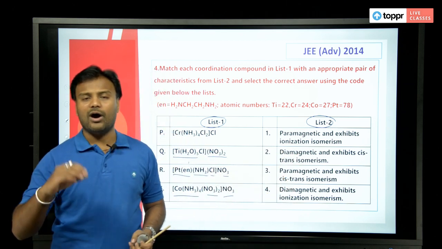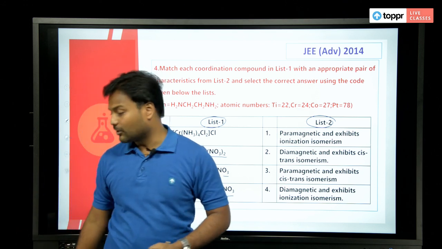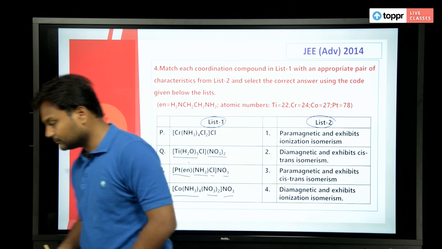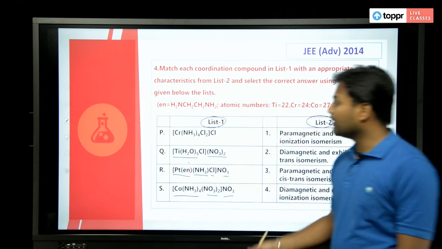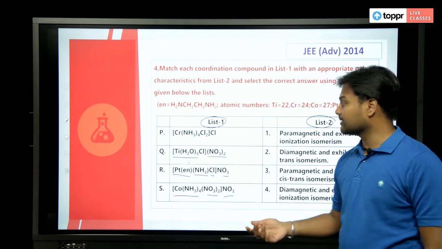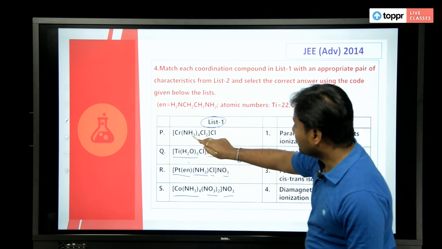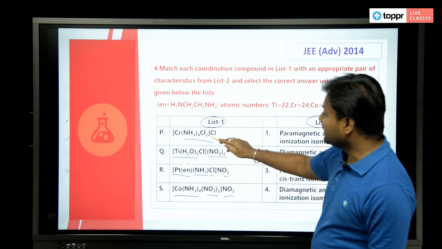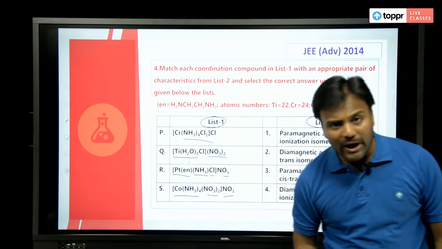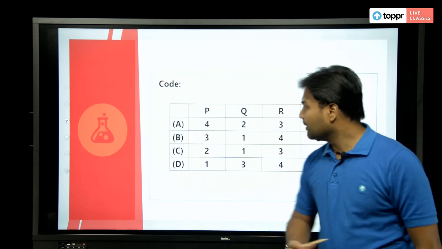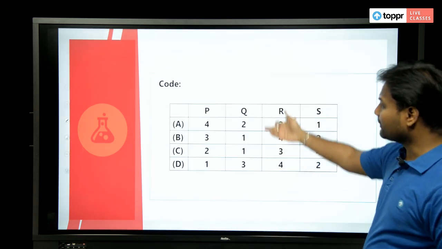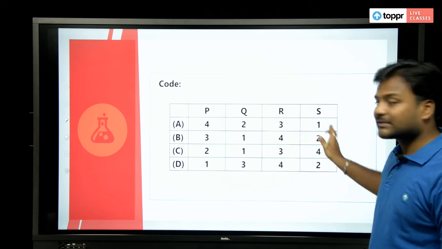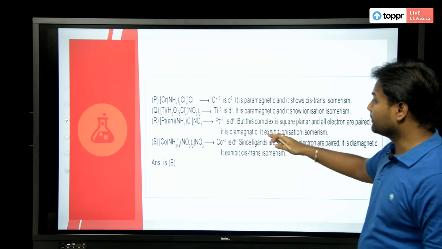Firstly, tell me, how do you find out whether it is cis trans isomerism or not? How do you find out the cis trans? Find out the number of ligands that are present. How many ligands you have, whether it is octahedral or square planar, right? Of course you have the codes here to pick up the options also. I am skipping it and showing you this one.